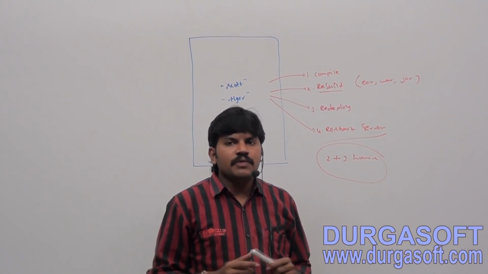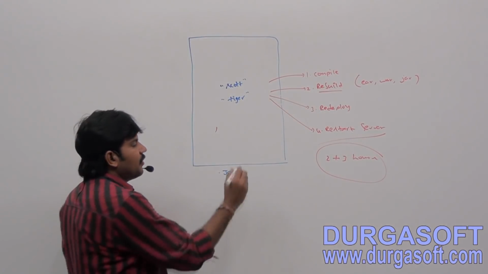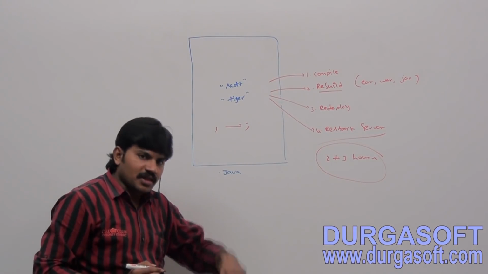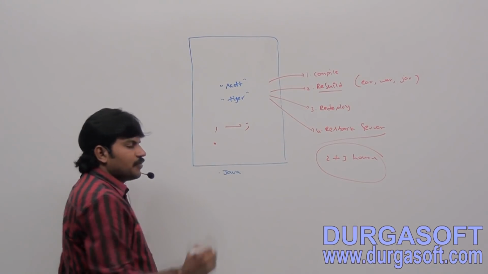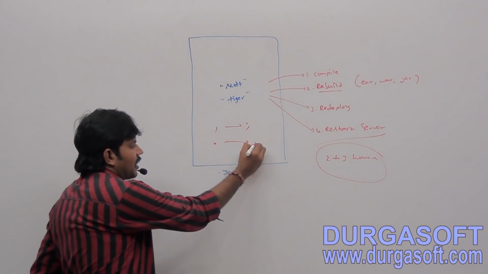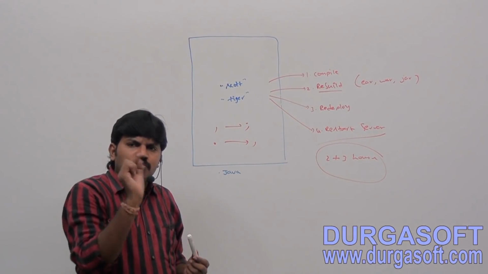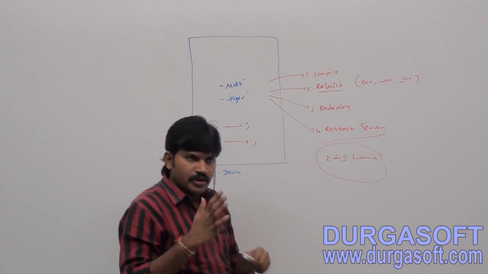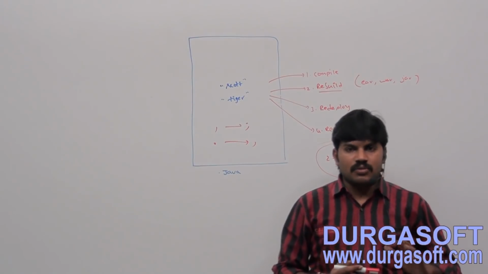Not only for a password: suppose a comma is there and I want to replace the comma with a semicolon, or a full stop and I want to replace the dot with a comma. For this also, all these things must be required. For any small change in the source file, all these things are compulsory.